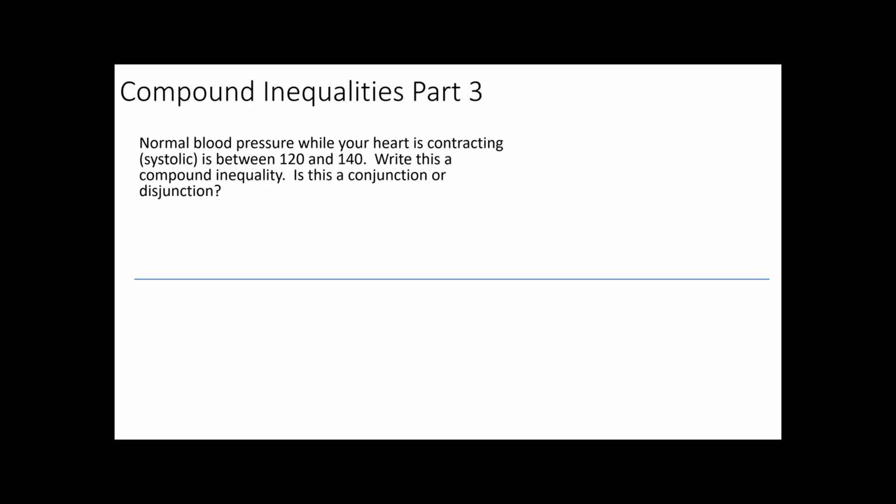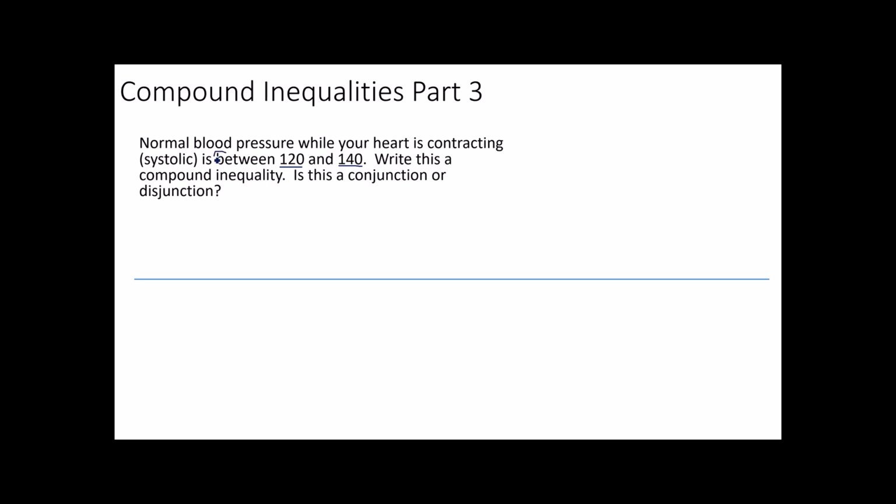One last thing. We sometimes have to think about where compound inequalities come from. Here's an example in real life where you might see something like this. Normal blood pressure while your heart is contracting, that's your systolic blood pressure, is between 120 and 140. We could express this as a compound inequality.